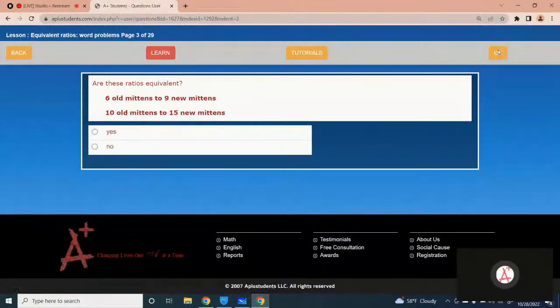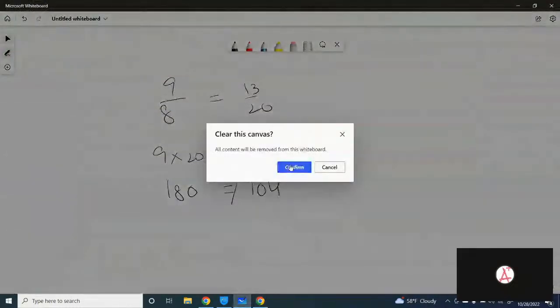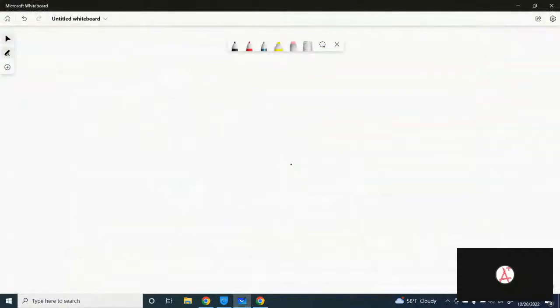Okay, the next one is 6 old mittens to 9 new mittens, 6 by 9, and 10 by 15. So 6 by 9 and 10 over 15. Got it? Just do cross multiplication. Then you have to do 6 times 15, and here you have 10 times 9.